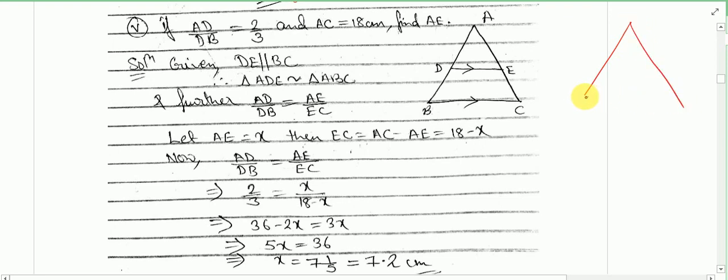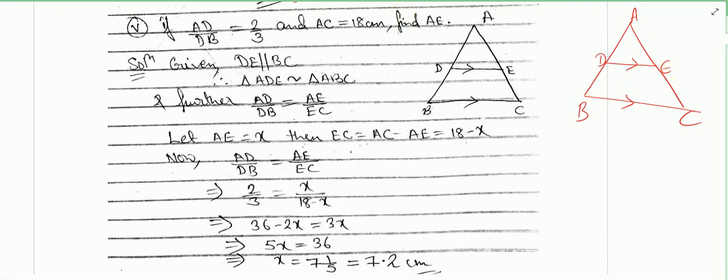You have a triangle ABC where DE is parallel to BC. Clear? And in this question AD upon DB is given, and AC is given. How much? 18 centimeter.